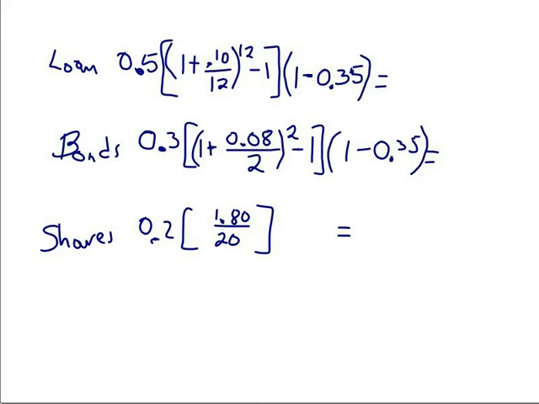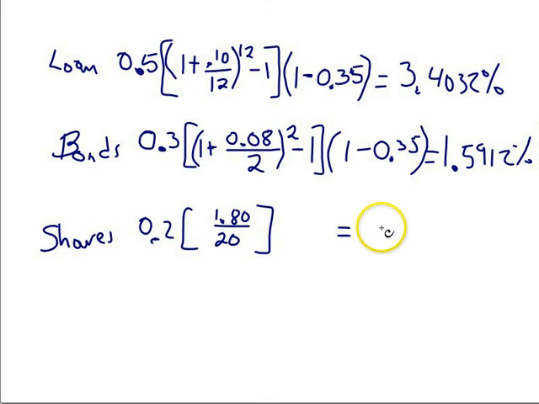When we compute these numbers, we can obtain the relative cost for using each one of these sources, and the number that I have for the bank loan is 3.4032%. For bonds is 1.5912%, and for the shares is 1.8%.